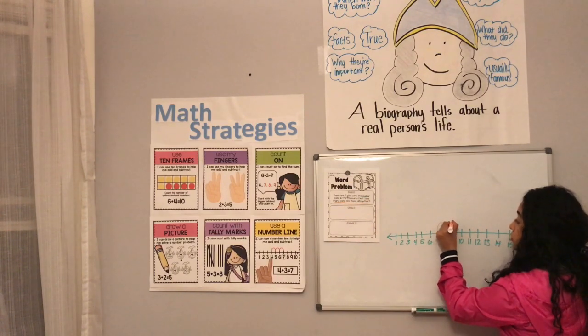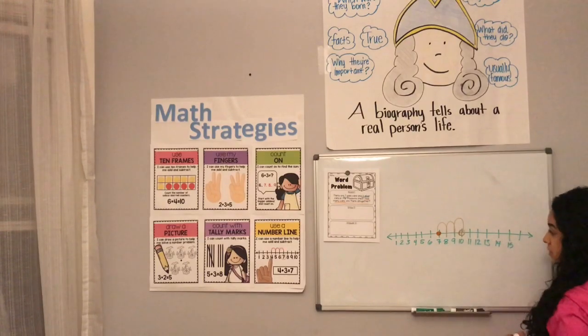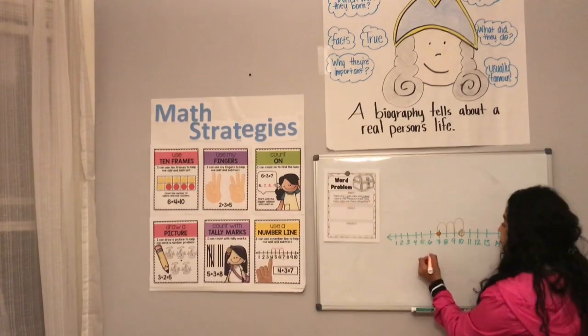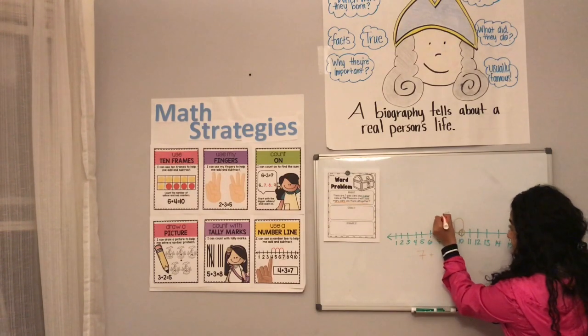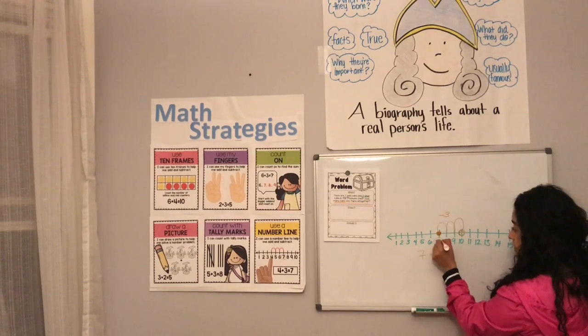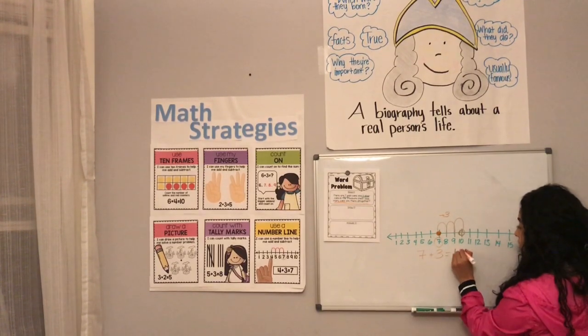1, 2, 3. And look at what number I ended up on. 10. So I would write 7 plus 3 right here, look. This was 7 plus 3 equals 10.